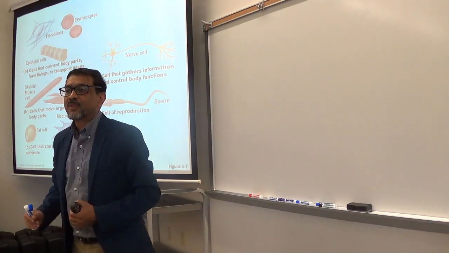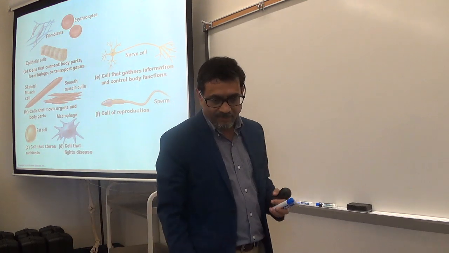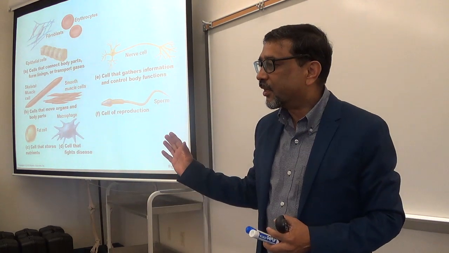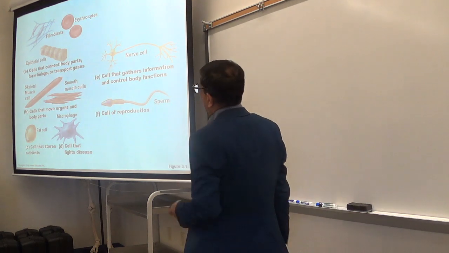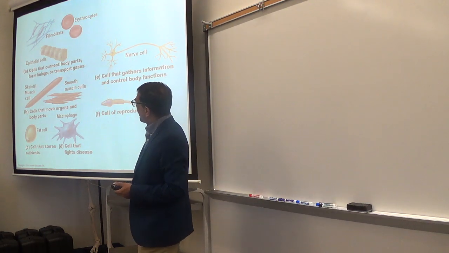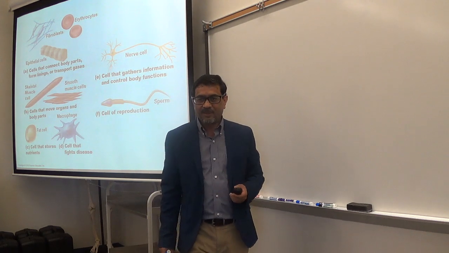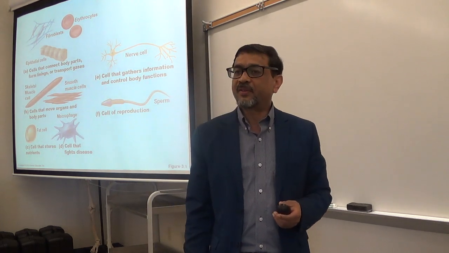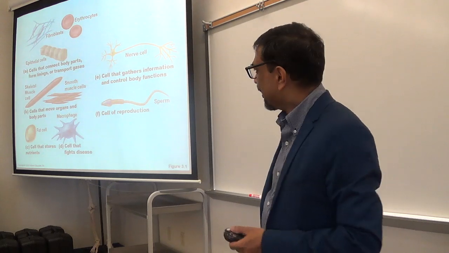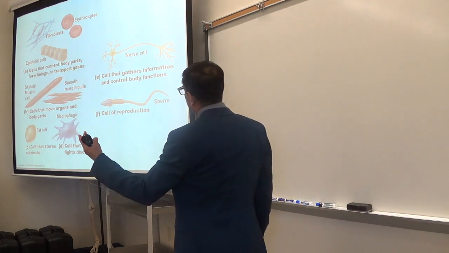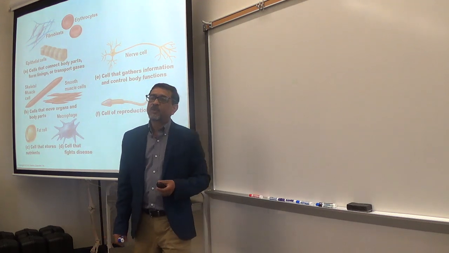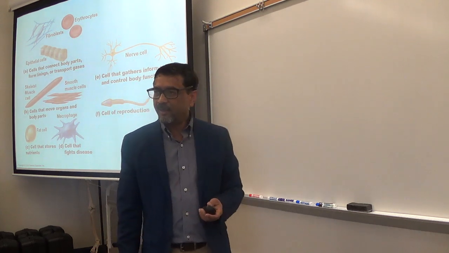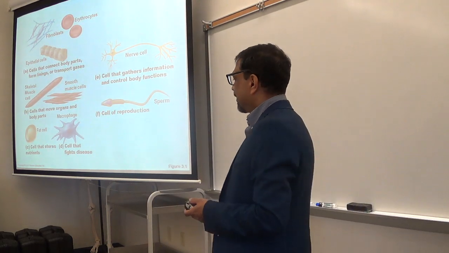Here, few examples. How the cells are different in, say, size, shape, or functions. Top left, you see those two cells are fibroblasts. They produce fibers, connective tissue cells. That's why they are called fibroblasts. In the top right, you see those two red colored round cells are red blood cells or RBC.